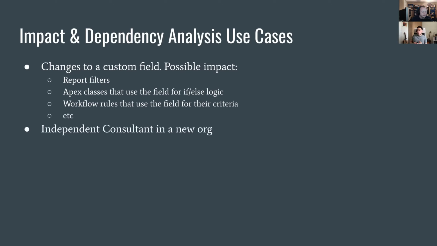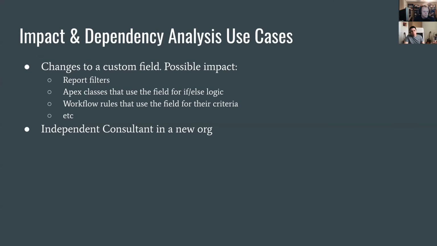And in terms of when this is actually a problem, or when Happy Soup becomes more relevant, say for example, if you're an independent consultant in a new org, which I know many people work in that fashion, right? Maybe if you work for an end user for years, you potentially understand how your metadata is made up, and you understand the impact of changes.